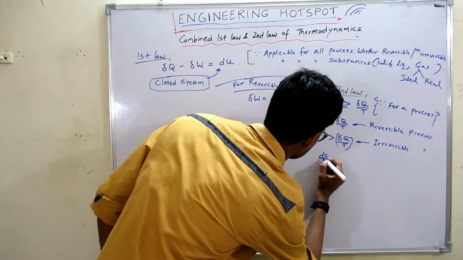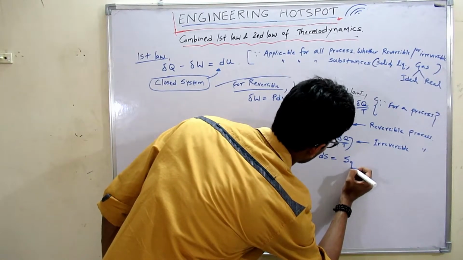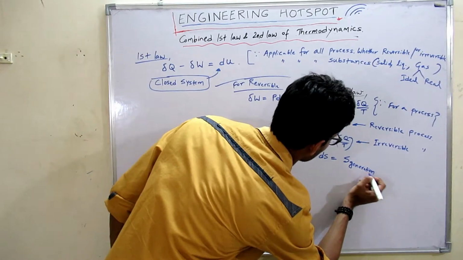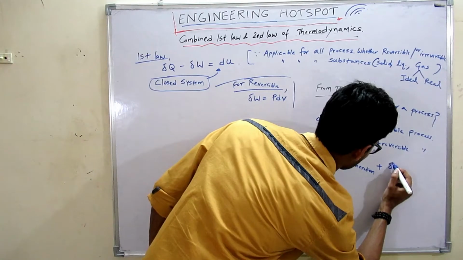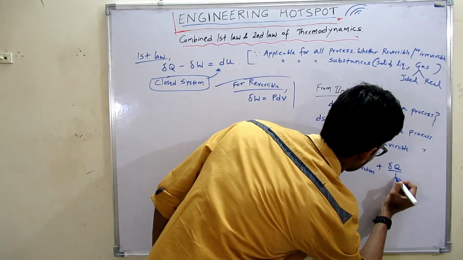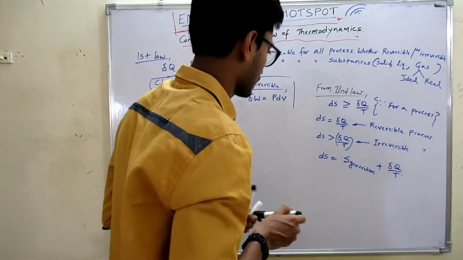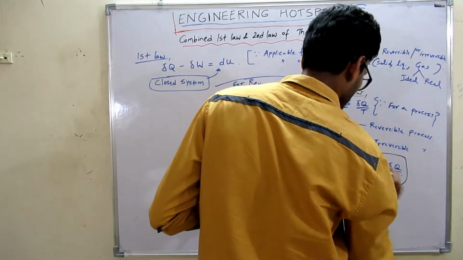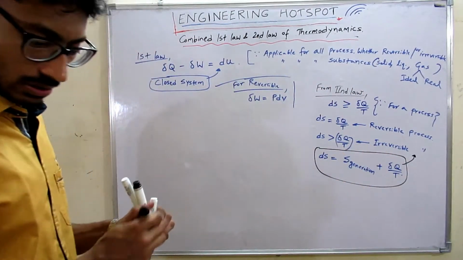If you try to change this into equality, then you have to write dS is equal to entropy generation plus delta Q by T. This is for irreversible process.